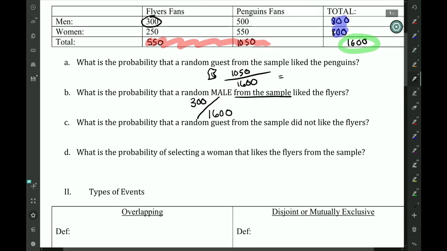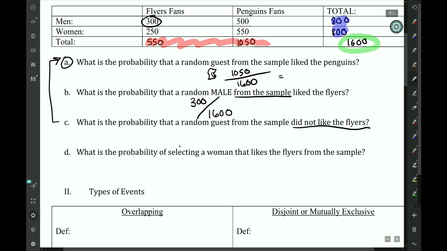Now, the probability a guest from the sample did not like the Flyers. It's actually really similar to part A, just worded differently. If they didn't like the Flyers, that means they're either a man or woman that liked the Penguins, so there are 1,050 over 1600. Okay, 1,050, not 10,000.